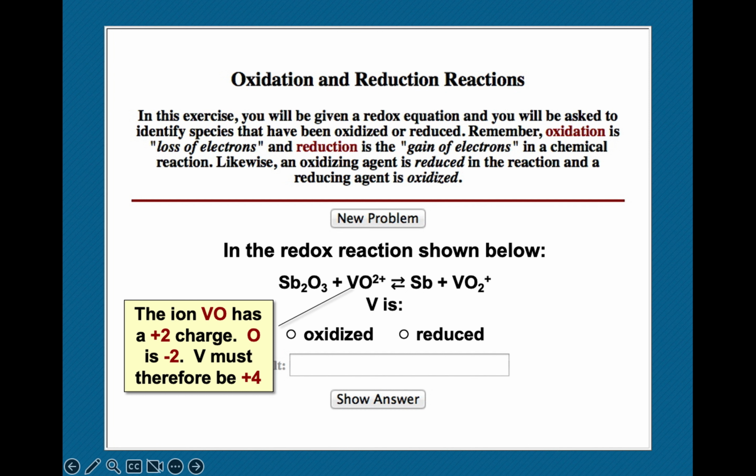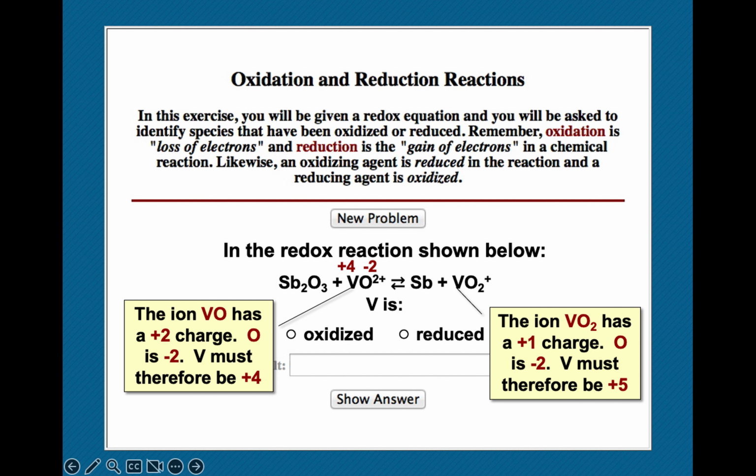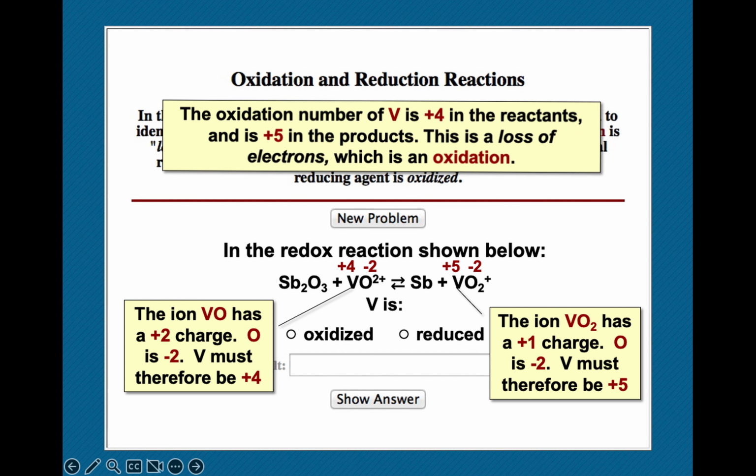We have one plus sign left over. So this is the 4 and -2. That means the vanadium on this side must be a +5. So what has happened to vanadium? It has gone from +4 to +5. Does that mean it gained an electron or lost one? Had to lose one, right? It's an oxidation.